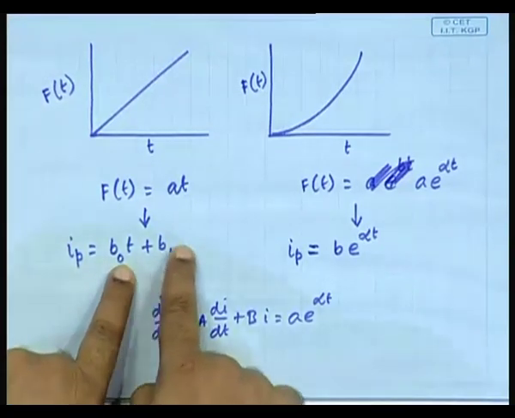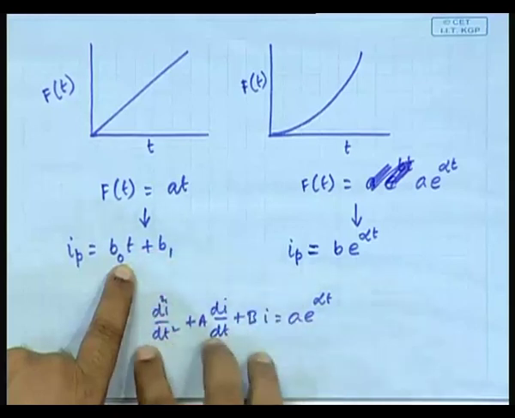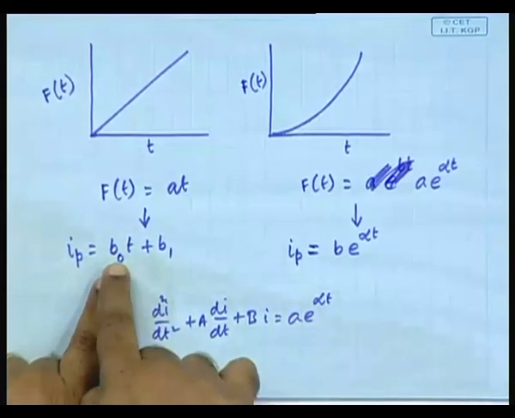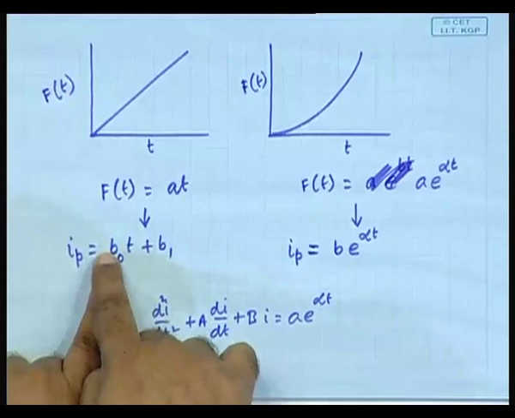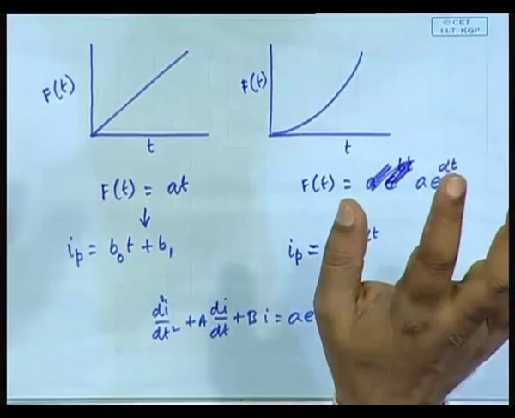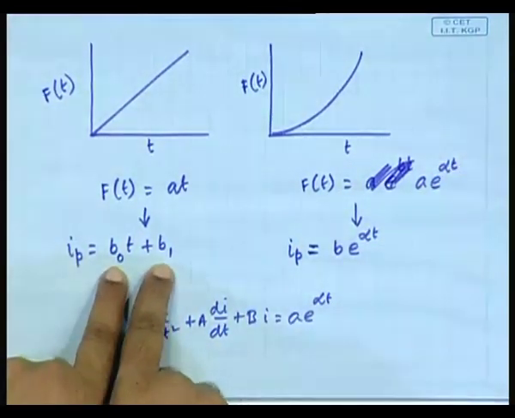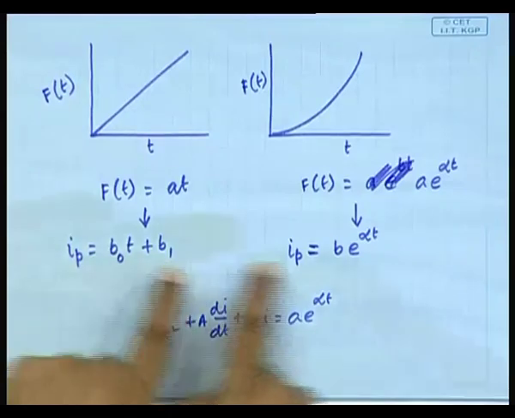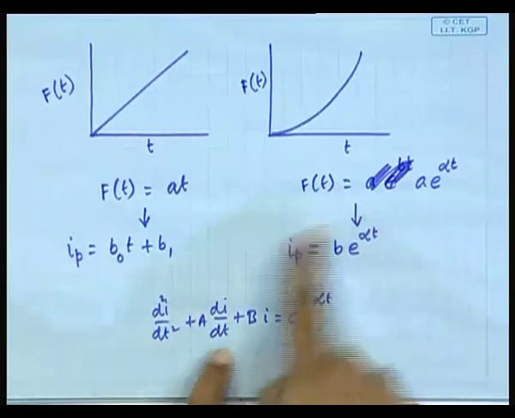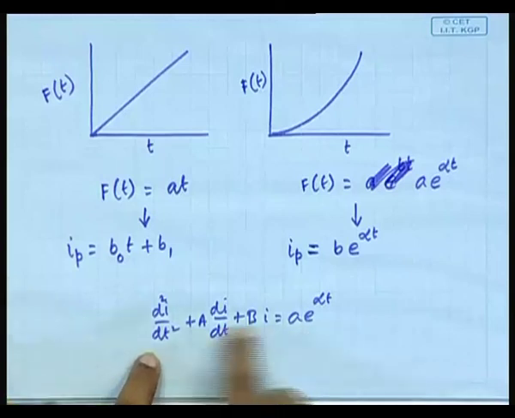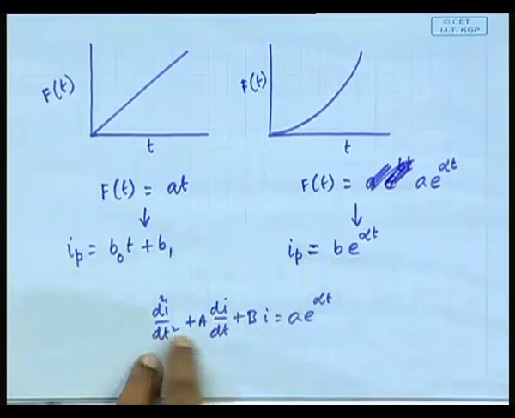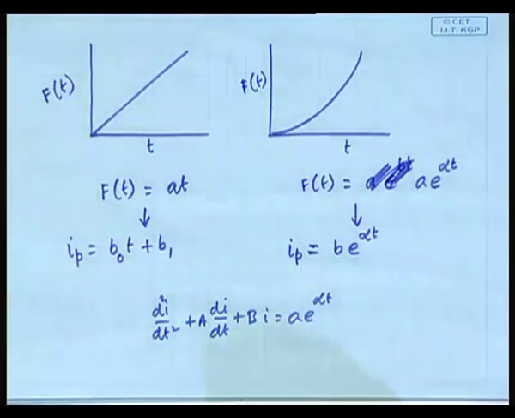There will be a term that is independent of t on both sides, and one term that is dependent on t on both sides. They will individually have to be 0, and that will give you B0 and B1. In this case, how do you obtain B? If you plug it into the equation like this, you will see that B is the only unknown, and you can solve for it.